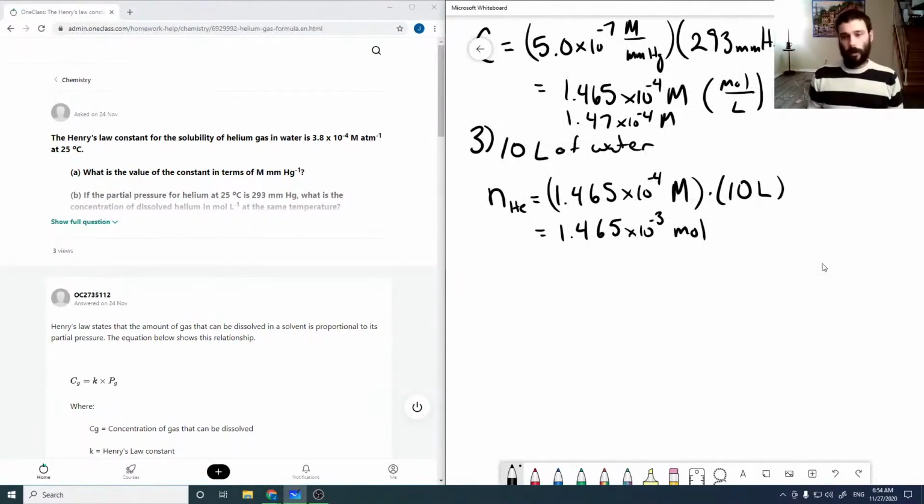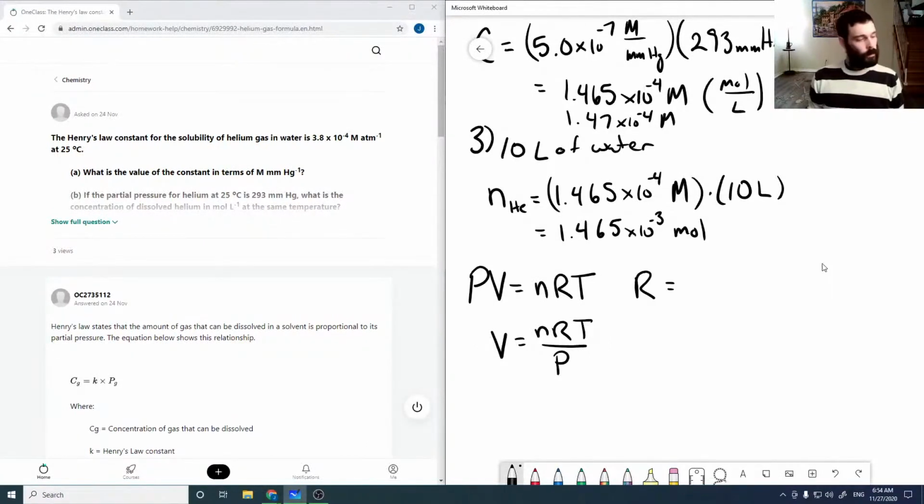Now to get our volume of gas, we need to use the ideal gas law, PV equals nRT, solving for volume. So volume is just nRT over P, and P in this case will just be our partial pressure. N is this number of moles. R is our universal gas constant, which is 8.314 kilopascal liters per mole Kelvin.